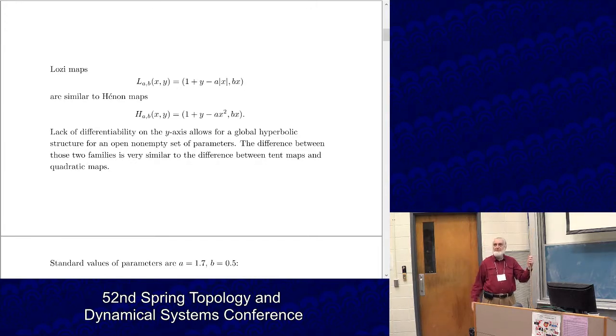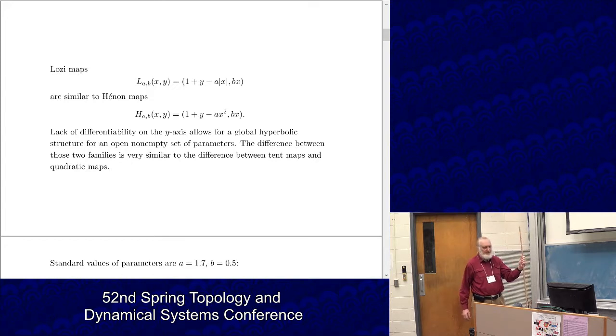The plane is not compact, but for some values of the parameters, for Hénon it's 1.4 and 0.3, the standard values, but of course you can take other values, he observed that there is some set homeomorphic to a disk. In fact, it's some quadrilateral, which is mapped to itself, and when you make those numerical computations, you get a nice picture of an attractor.